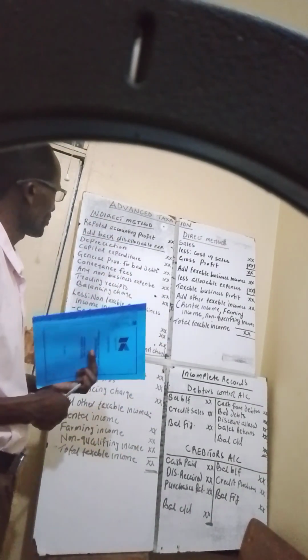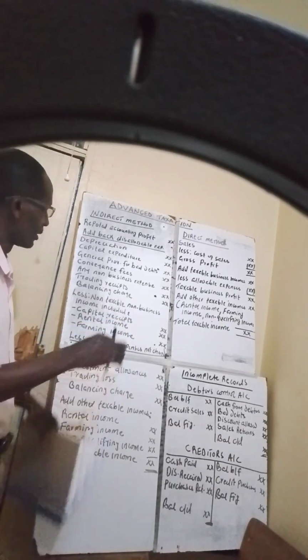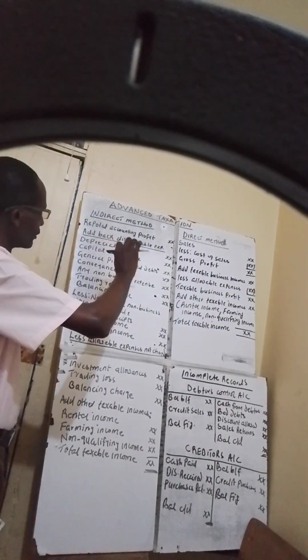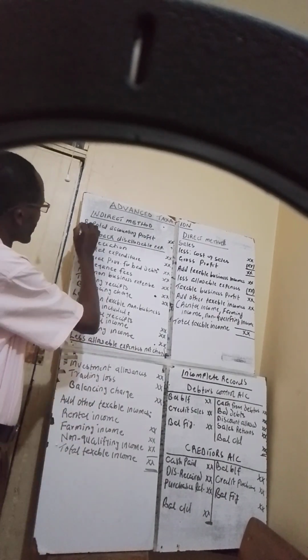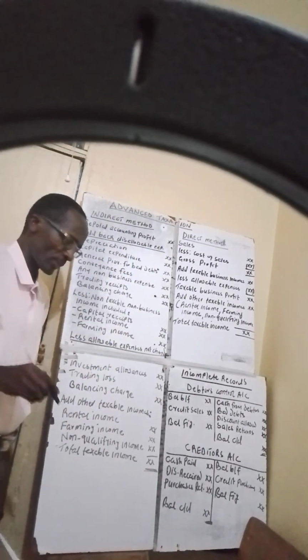Now, the indirect method, if you look at the analysis that I've tried to give here, the indirect method for taxation starts with the reported accounting profit.